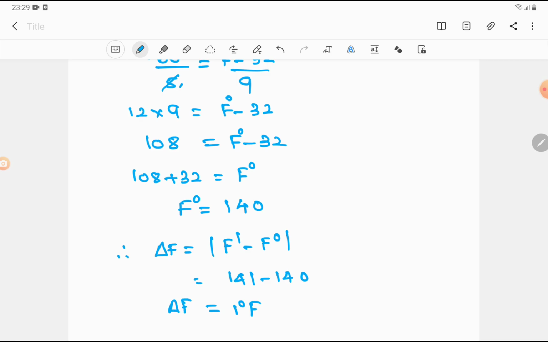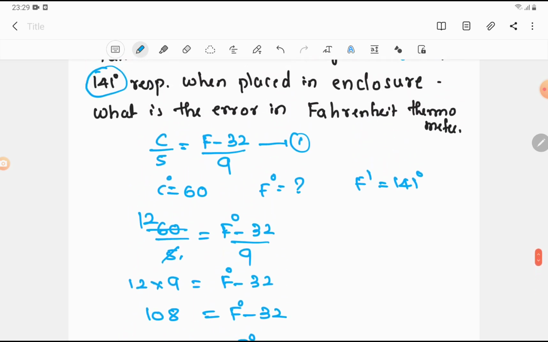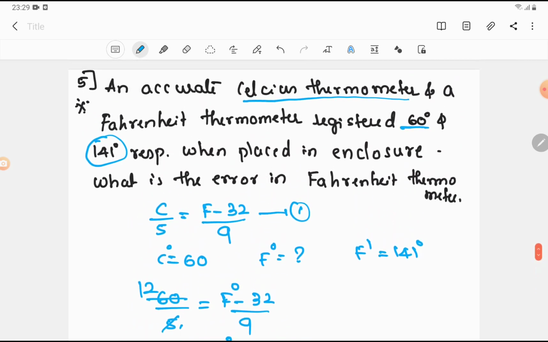So let me go through it again. An accurate Celsius thermometer and a Fahrenheit thermometer registered 60 degrees and 141 degrees respectively and placed in an enclosure. What is the error in the Fahrenheit thermometer? The accurate Celsius measurement is 60 degrees, that is C naught.